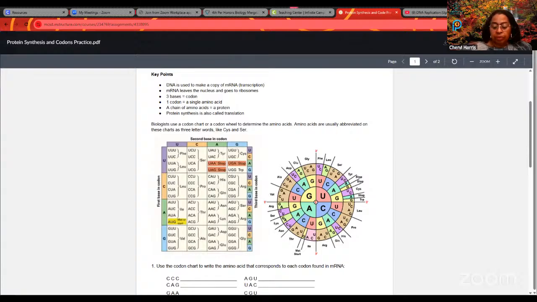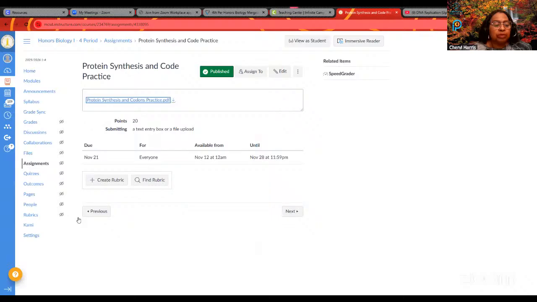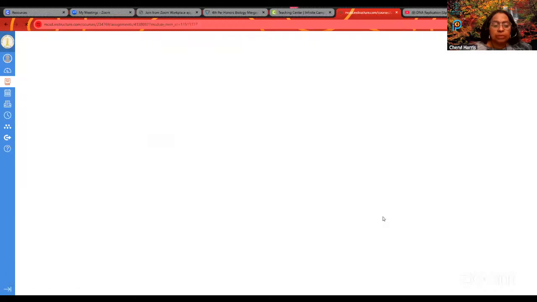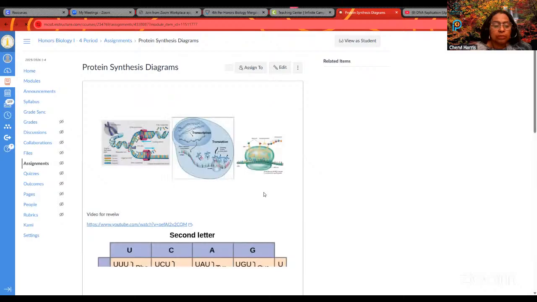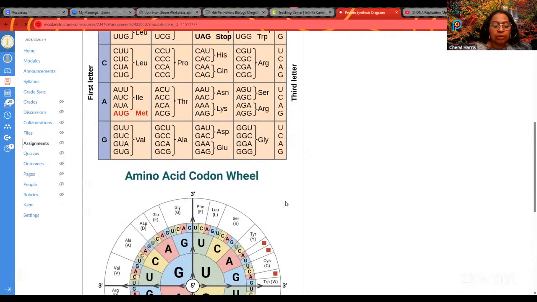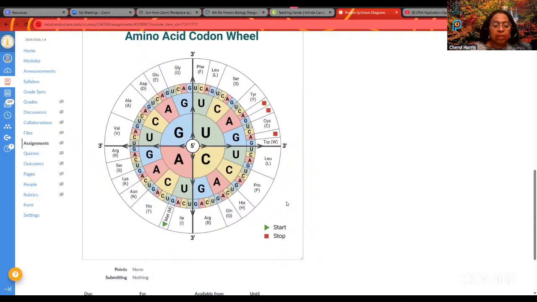And again, if the chart on the worksheet is too small, I blew it up for you in the lesson box in the previous one. So that it's a little bigger there.